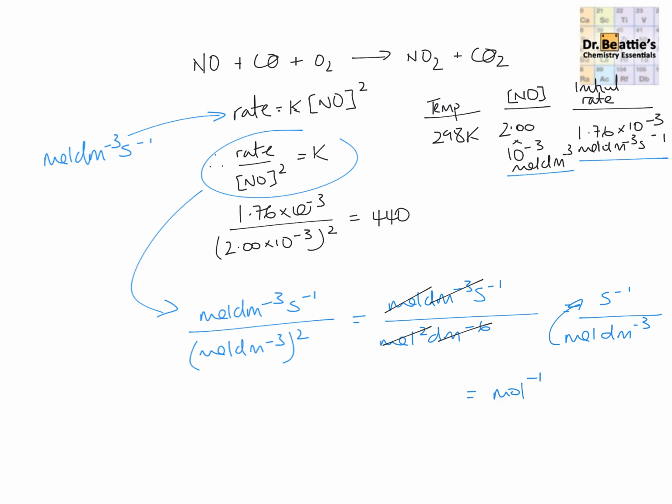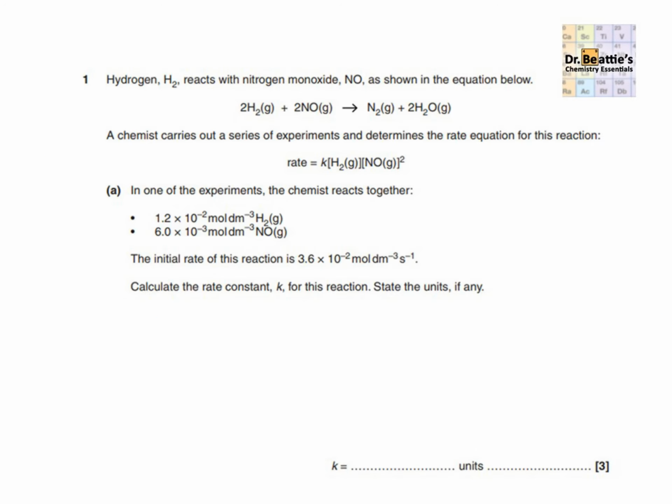It becomes mole minus 1. dm was minus 3 on the bottom of the fraction, so it's now cubed on the top because all the signage changes, and then S minus 1 stays the same. So what we've done there is we've determined our units for K and also our magnitude for K.